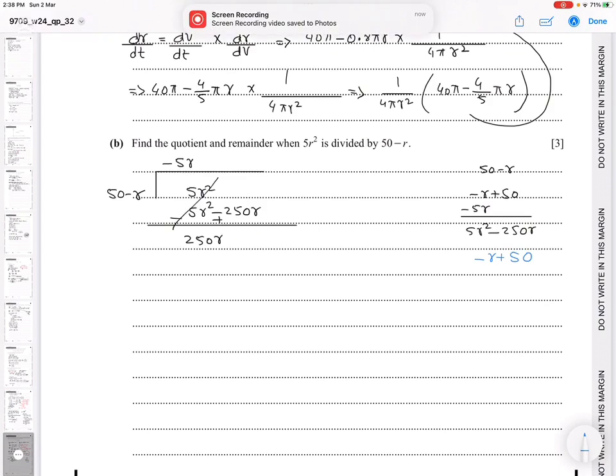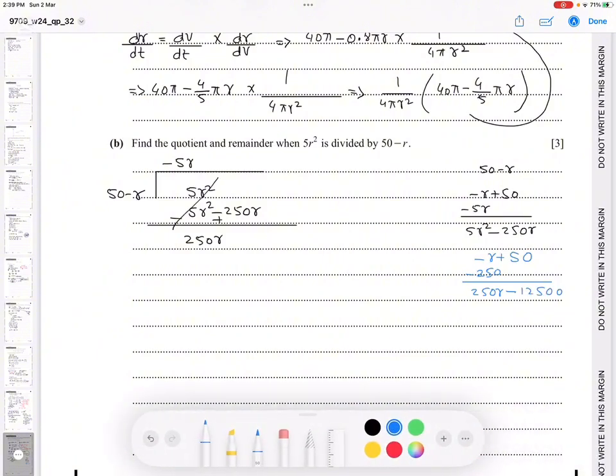Now I have to bring 250r, so I have to multiply minus r by minus 250 only. So it will be 250r minus 12,500.